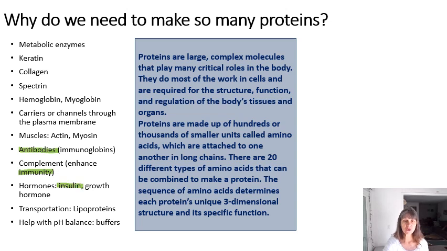Those are so important for our body's function. We also have proteins that act to transport lipids through our body. So our lipoproteins are important for that. And proteins can also act as buffers to help our bodies maintain a very specific pH.